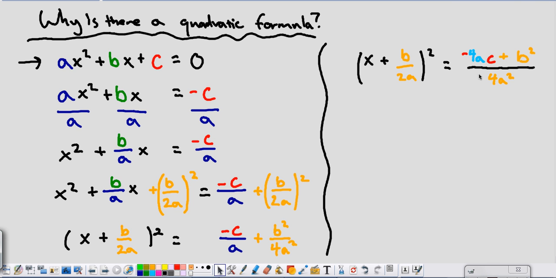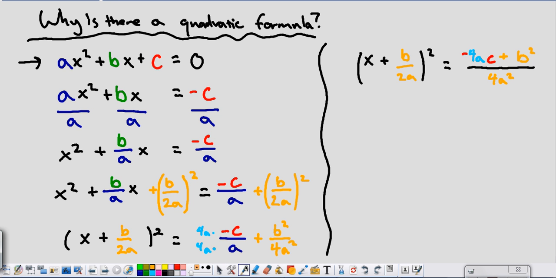My right changes by multiplying the numerator and denominator of negative c over a by 4a, in order to get basically one fraction instead of having two fractions added together. And that's how we end up with negative 4ac plus b squared over 4a squared, because 4a times a is 4a squared, and 4a times negative c is negative 4ac.